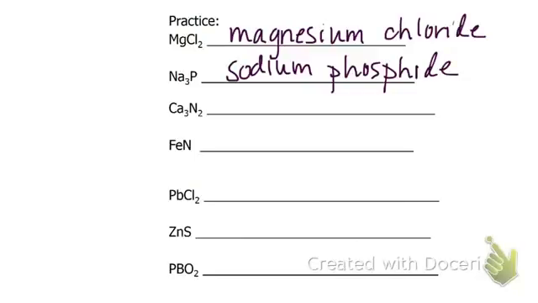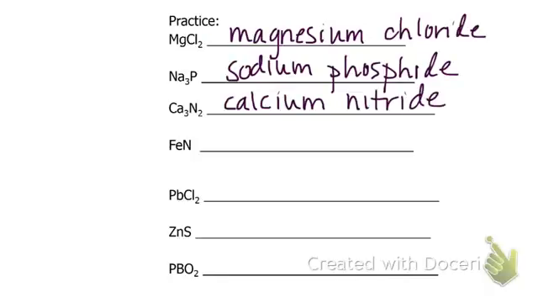Okay, and then the next one, Ca3N2. What is it? Calcium nitride. Remember, when we do nitrogen, we change it to nitride.